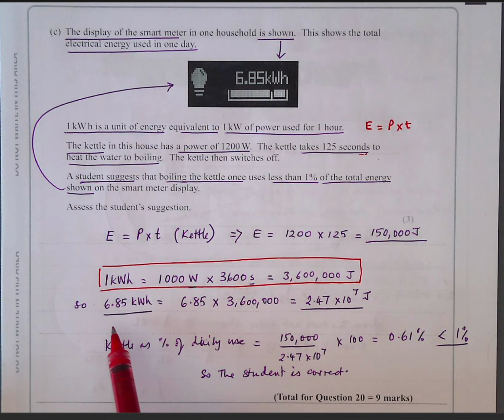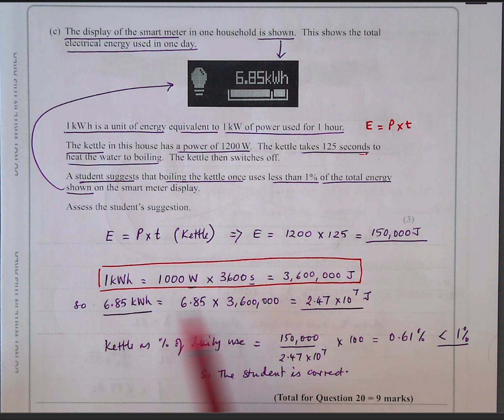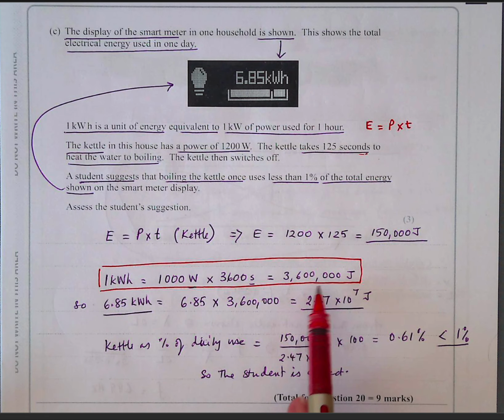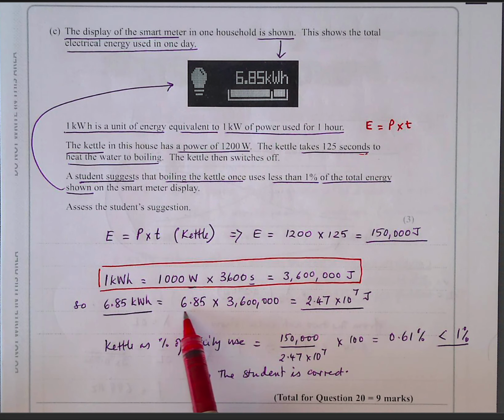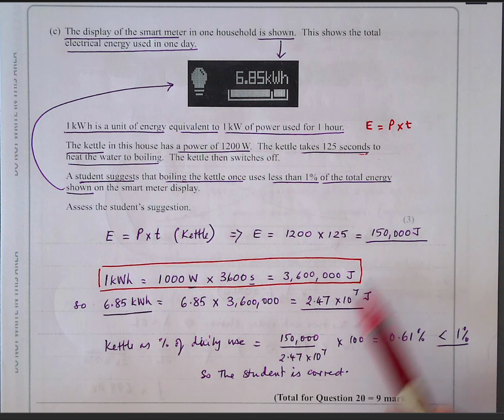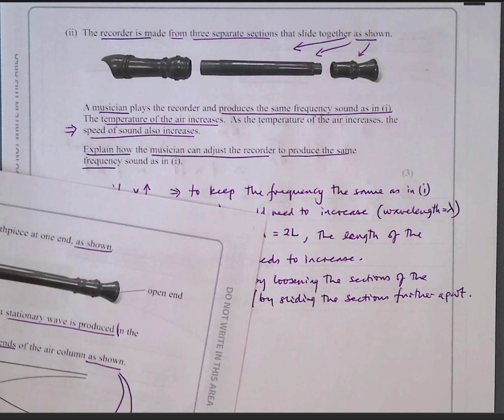Then, 3.6 megajoules is the 1 kilowatt hour, and it's saying that you use 6.85 kilowatt hours, so you multiply 6.85 by 3,600,000 joules, and you get 2.47 times that. So you want to work out what percentage of this is 150,000. Divided by that, multiplied by 100, is 0.61, so it's less than 1%, so the student is correct. That's the end of question 20.